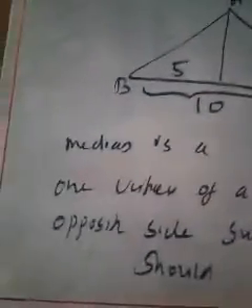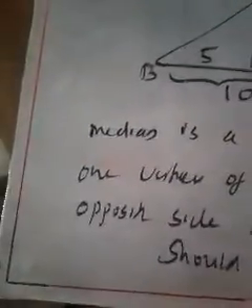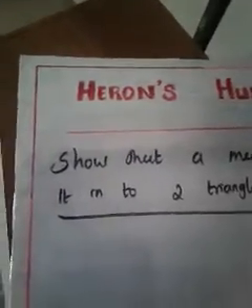This is the definition of the median. Median is a line drawn from one vertex of a triangle towards the opposite side in such a way that that line should bisect that side. You may have understood. So now can we move to this theorem?